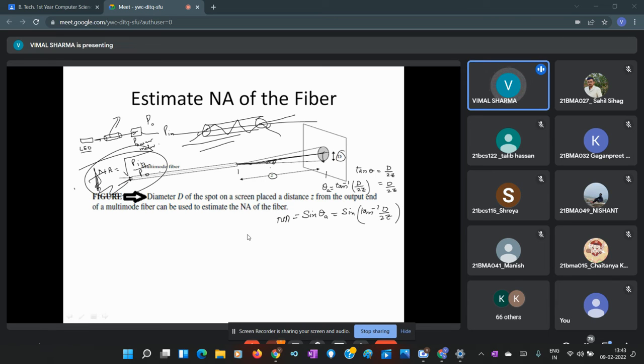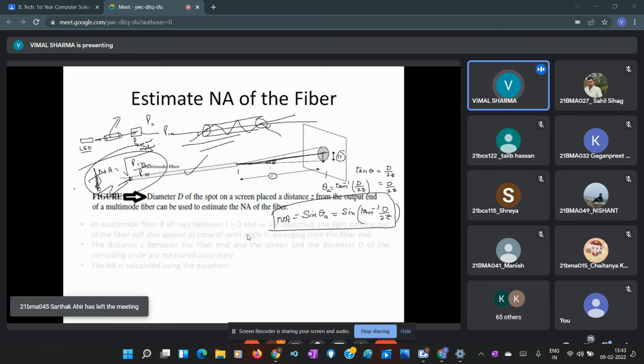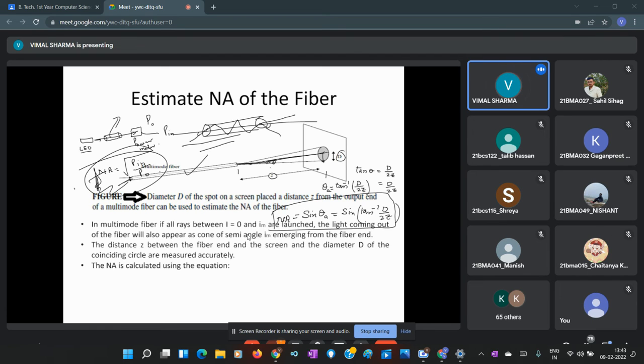We have estimated the numerical aperture by simply using our optical fiber, propagating light through it and seeing what is coming out, and we see the geometry of that which is coming out of the optical fiber, and we can estimate the numerical aperture for the optical fiber. So that description is given here. You go through this, and this is how we calculate.